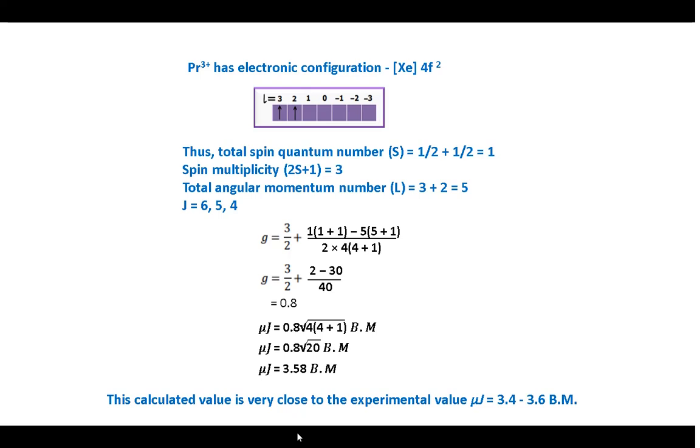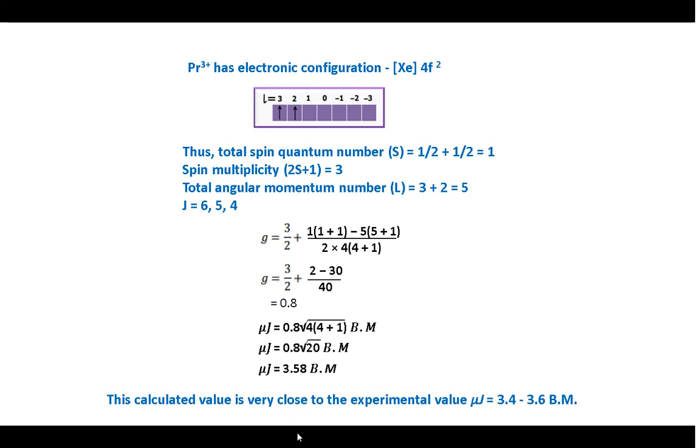Thus, total spin quantum number S is equal to 1/2 plus 1/2 is equal to 1. Spin multiplicity 2S plus 1 is equal to 3. Total angular momentum number L is equal to 3 plus 2 is equal to 5. J can be 6, 5, 4.